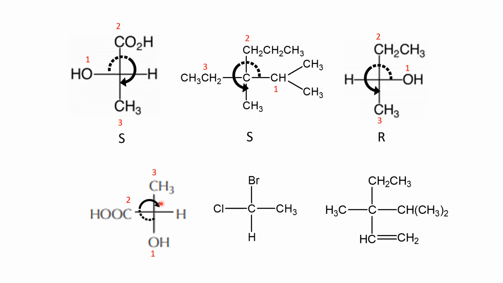So we are going in clockwise direction, so it should be R, but this is on the horizontal line, so the answer is S. In this example, Br is the first priority, Cl is the second priority, and we are going in the anti-clockwise direction, but it is on the vertical line, so our configuration is correct, that is S. Here all are carbons, so we need to carefully see now which priority we can give.